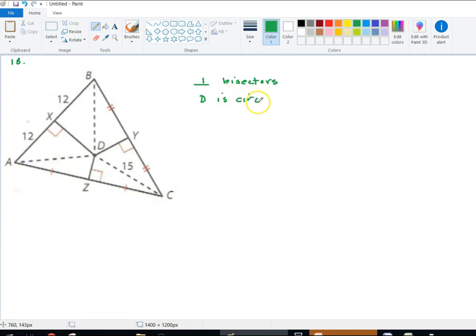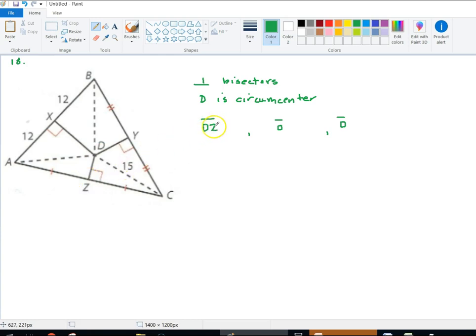and this is not what they're asking you, but this is something you need to be able to understand. Knowing that that's the circumcenter, you're going to have segments that start with D because they're going to be part of that point, and there will be 3 of them because you have 3 sides. So all we need to do is identify the other side, and the first one that I see is DZ.